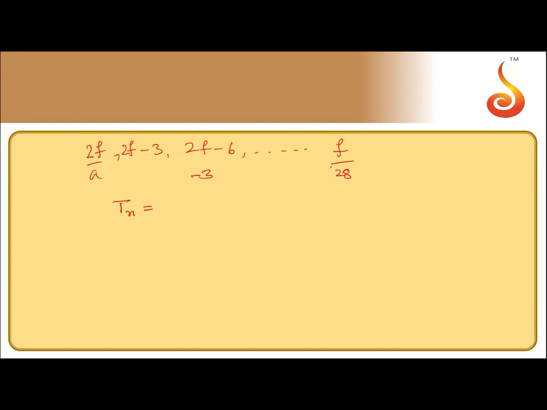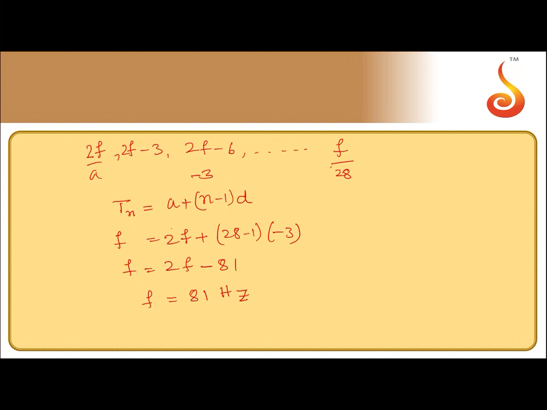We know that in arithmetic progression, nth term is given by Tn is equal to a plus n minus 1 into d. So 28th is f, a is 2f, plus 28 minus 1 into -3. So f is equal to 2f minus 27 3s are 81. So you'll get f is equal to 81 hertz.